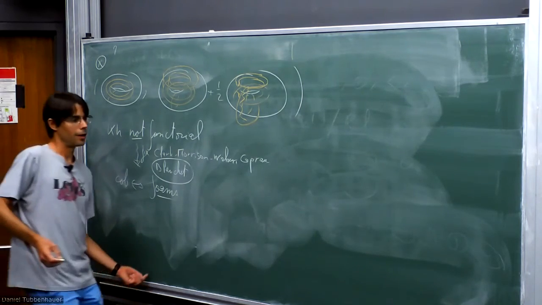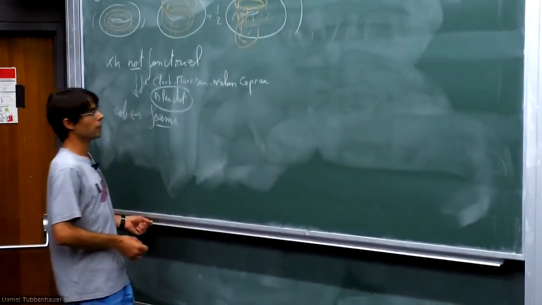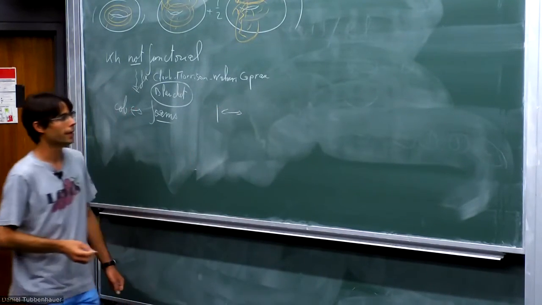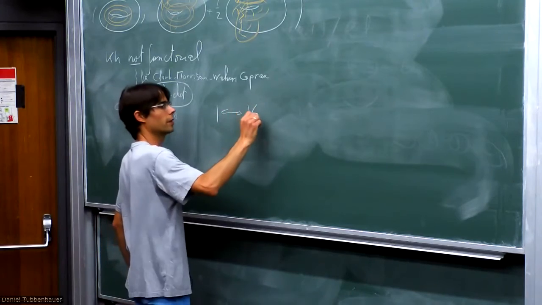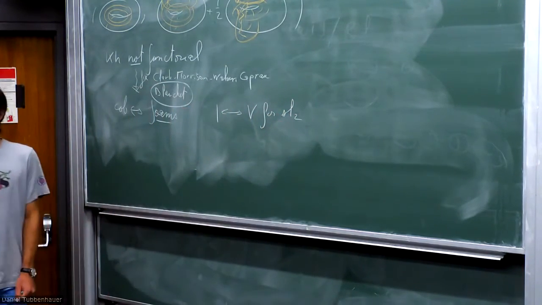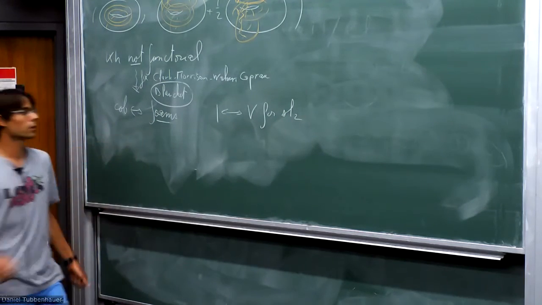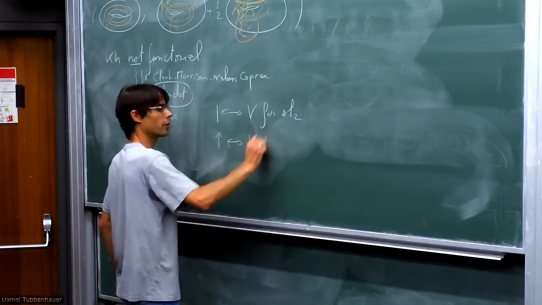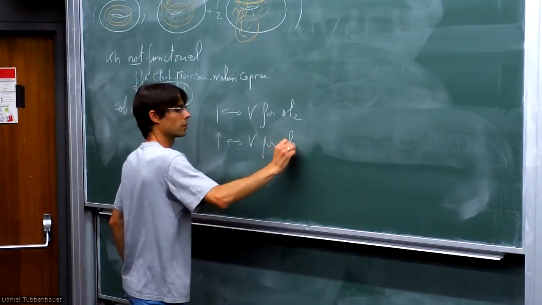In the skein module setting, a strand corresponds to the vector representation for sl2. In this upgraded version, one should also look at orientation and work with gl2.